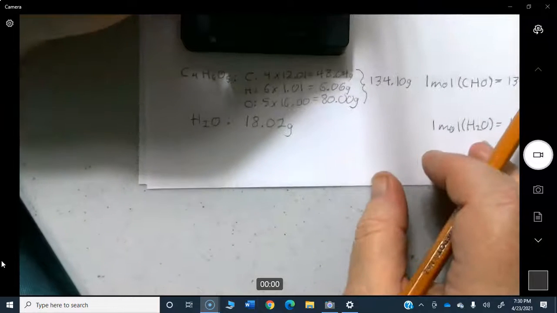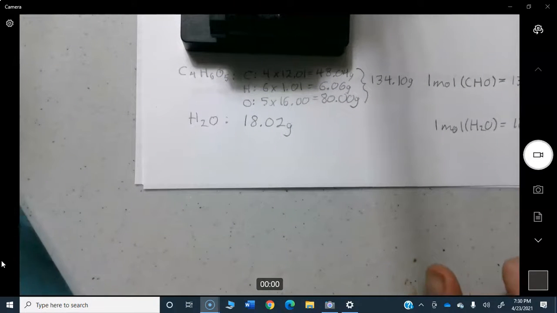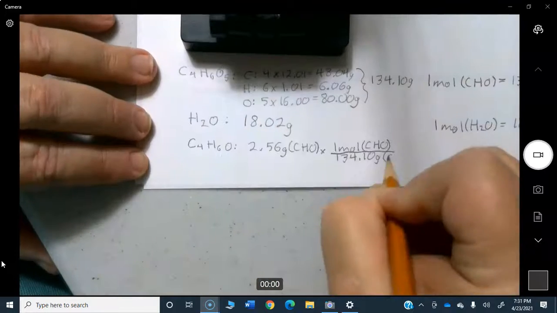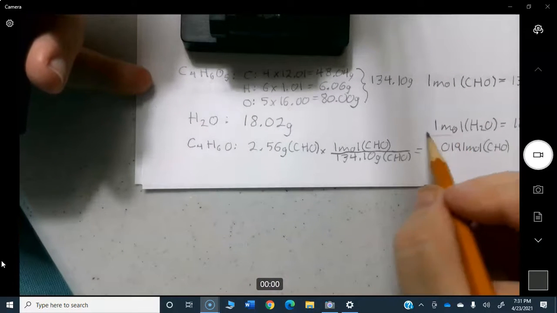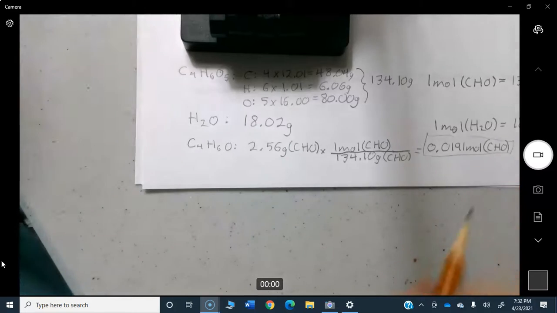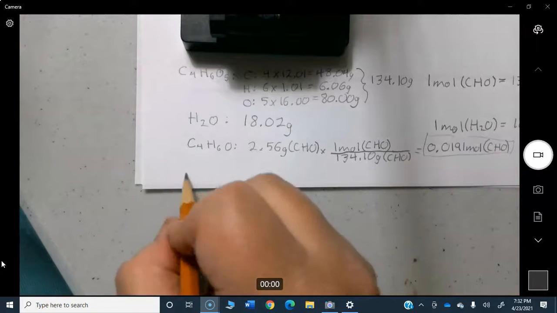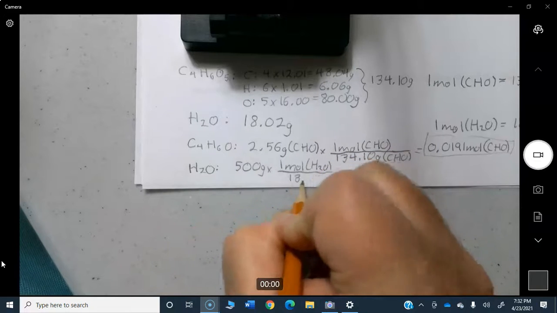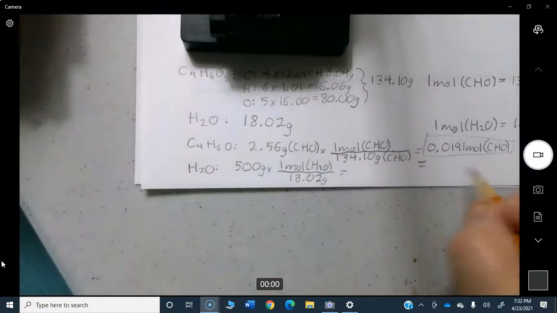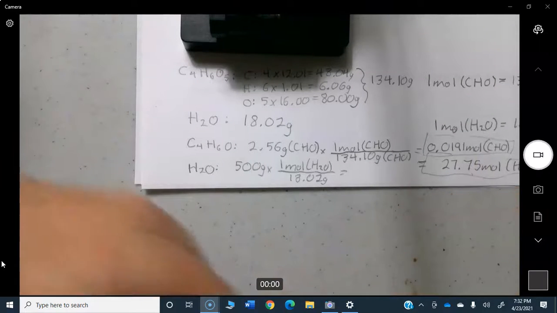So now we can compute moles of those two, and we'll know the grams of both of those and the moles of both of those. Okay, so this is how many moles of malic acid we have. That's 2.56 grams in water, 500 grams, and we get 27.7. Okay, so there's moles of water that we were given and moles of malic acid that we were given.